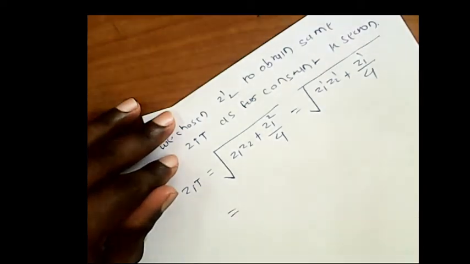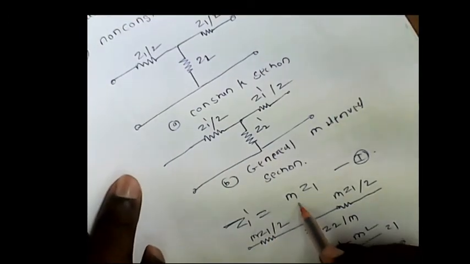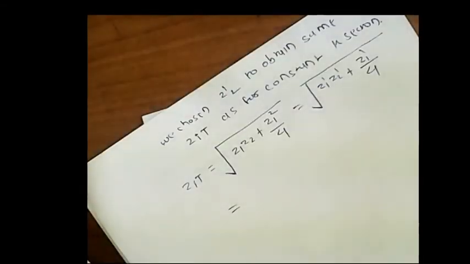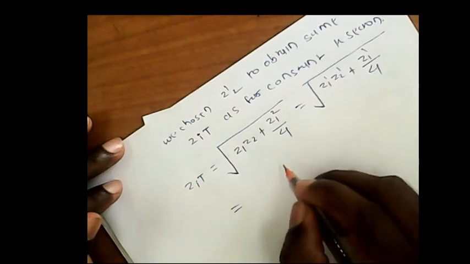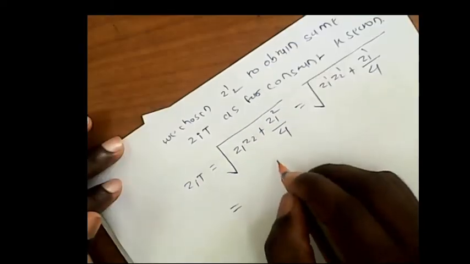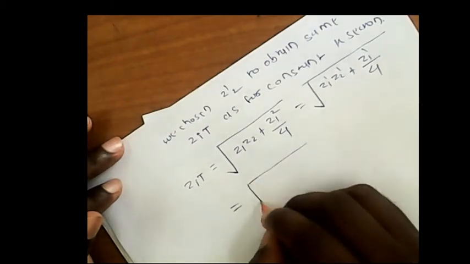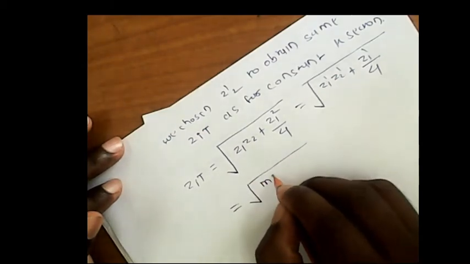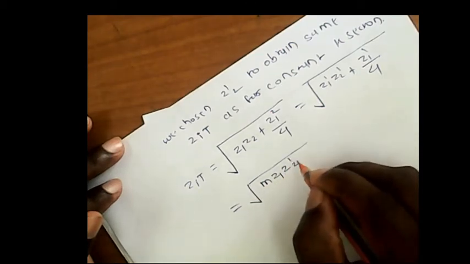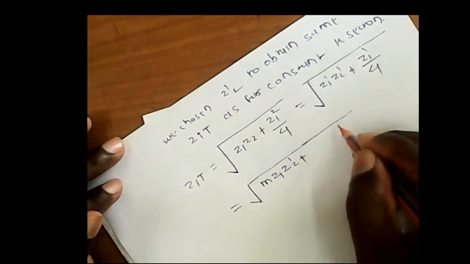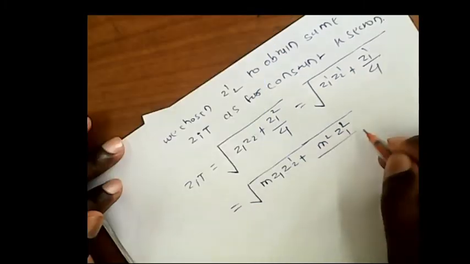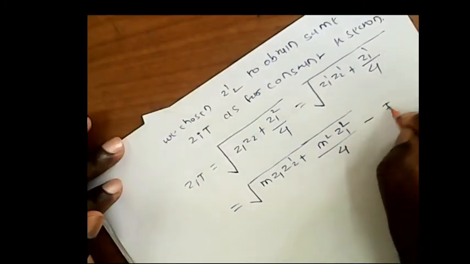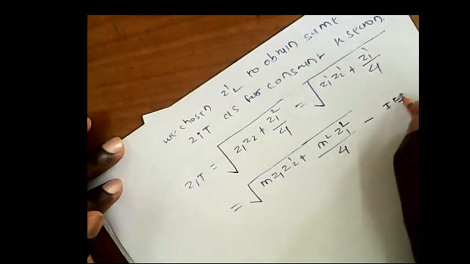We put the value from equation number 1, which gives Z1 dash equal to m Z1. So m is the parameter which improves the image impedance or characteristic impedance and the slow attenuation rate. Putting the value of Z1, we get m Z1 Z2 dash plus m square Z1 square divided by 4. So this is equation number 2.